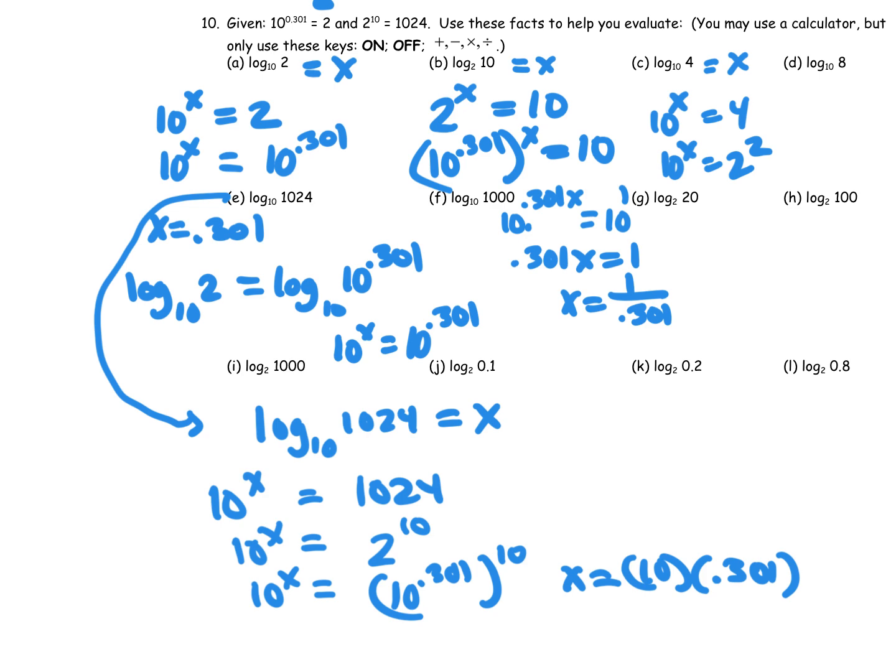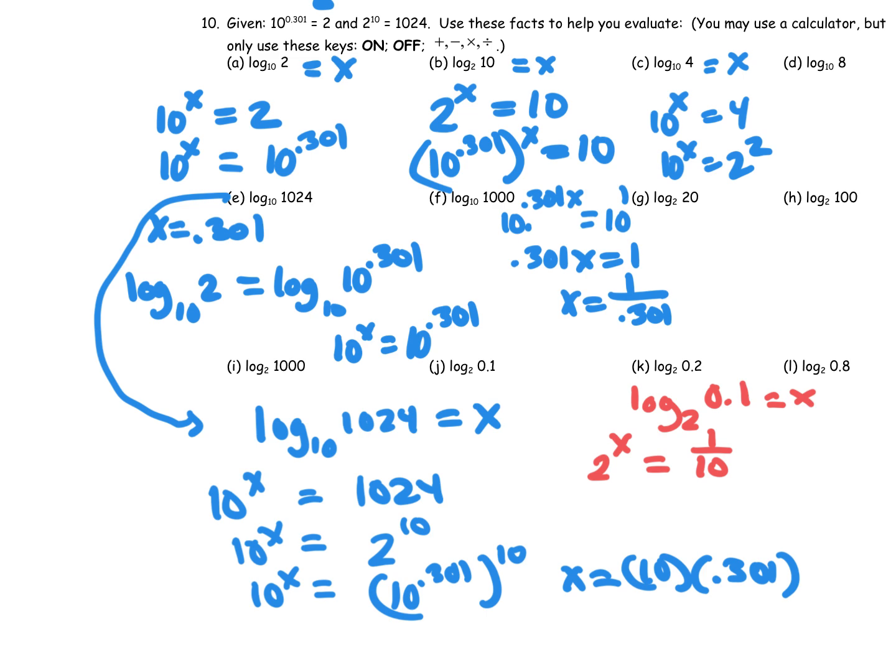Actually, let's do one more. Let me see which one I want to do. Maybe let's do J, because if you can do J, then you can do K and L. So let's look at J. Okay, so J is log base 2 of 0.1. And we want to see what it is. This is saying 2 to what power gives me 0.1, which remember is 1/10.